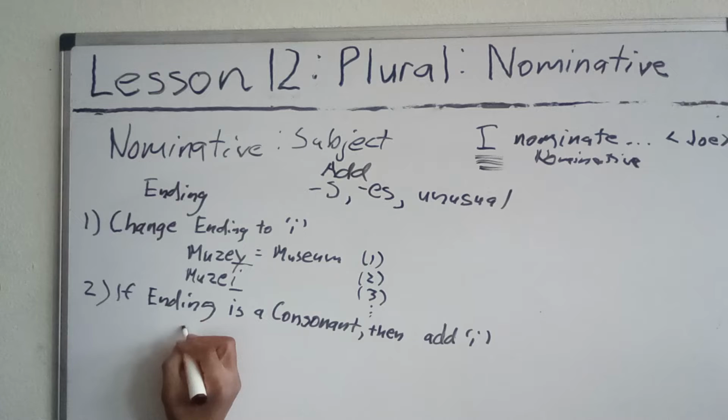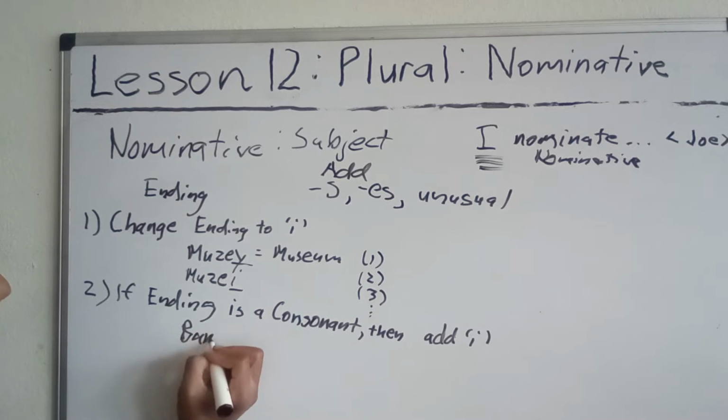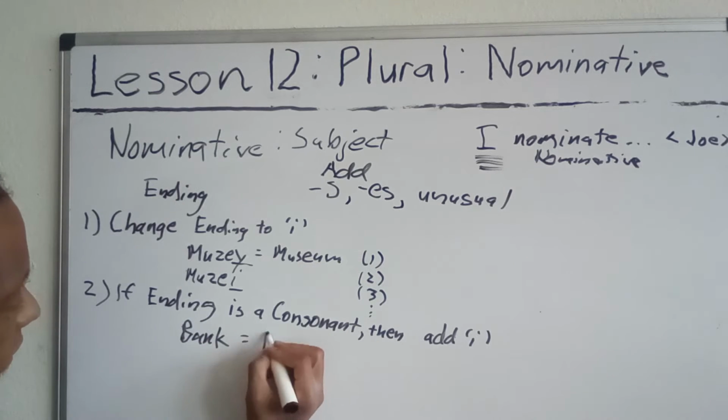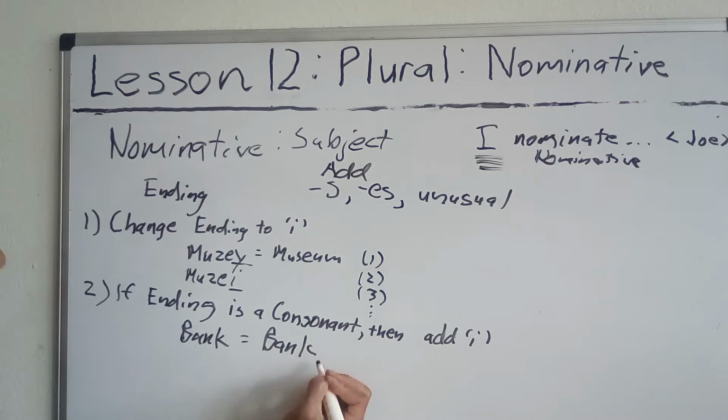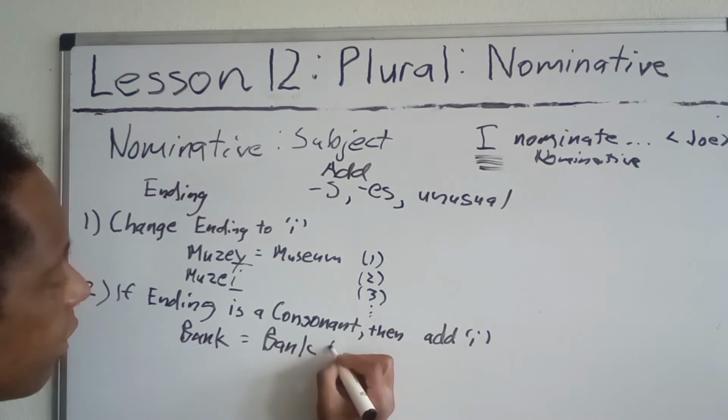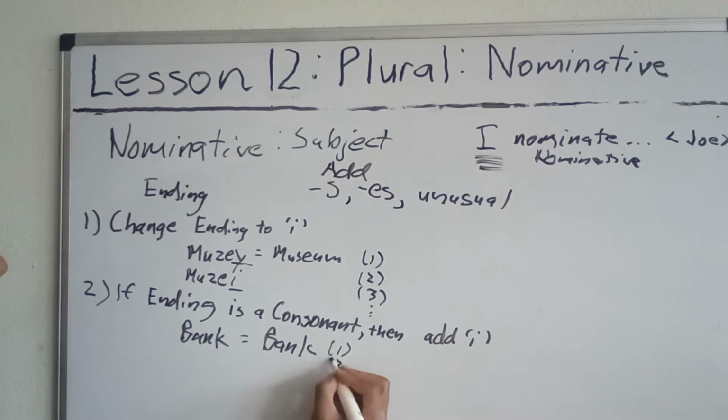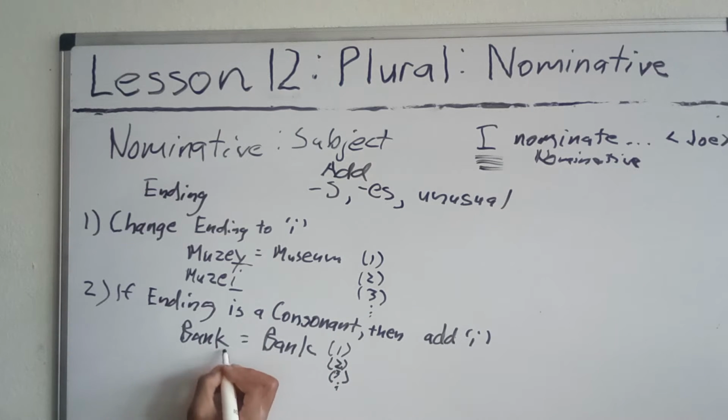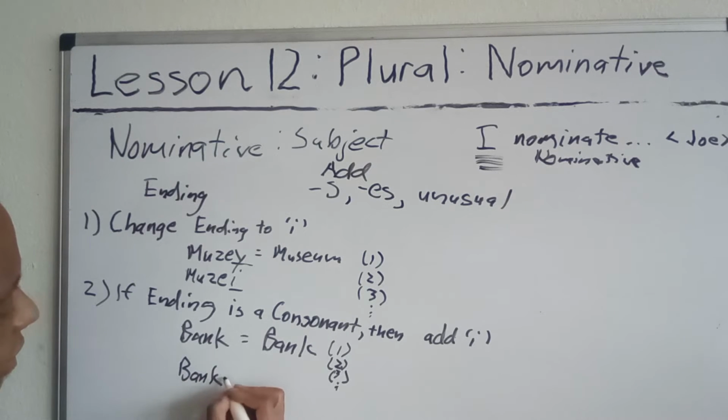For example, in Russian, the word bank is the same as we have, bank. English bank, Russian bank. That's one bank. If you want to make it two or more, you would add E to bank, sort of like we add S or ES. Banki, that's plural. This is singular, one bank. This is plural, two, three, etc.